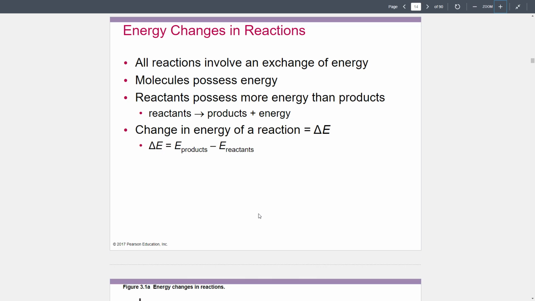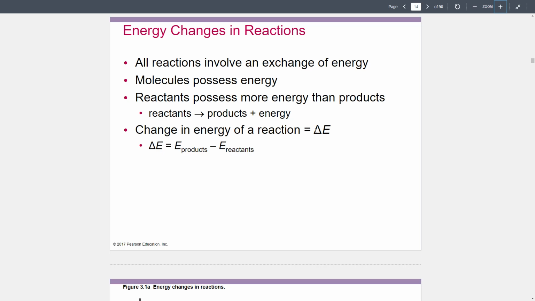Why is that? All reactions need to involve an exchange of energy because molecules possess energy. So really these equations should be reactant plus energy equals product, or reactants equal products plus energy. Reactions are either going to consume energy or give off energy.